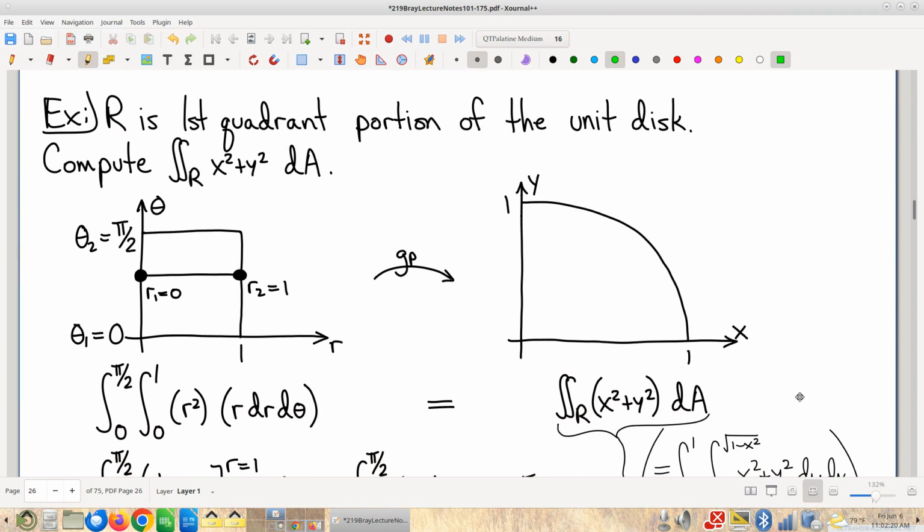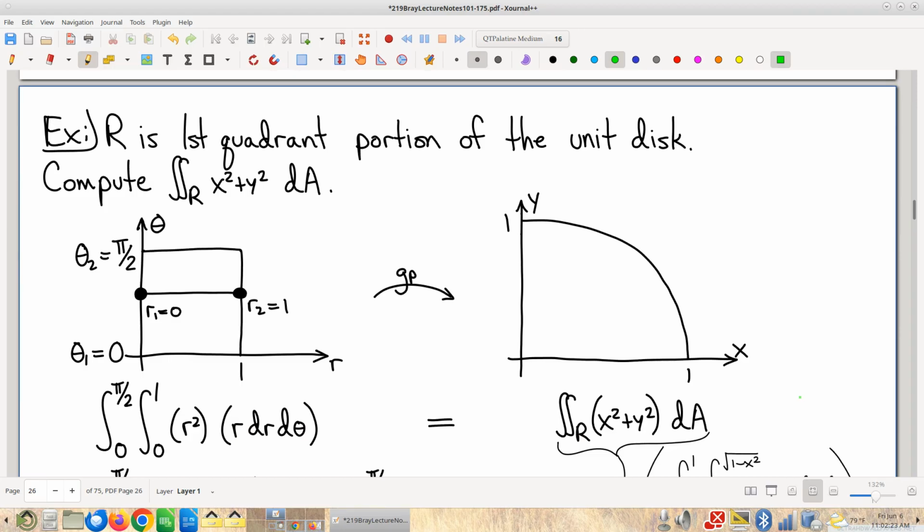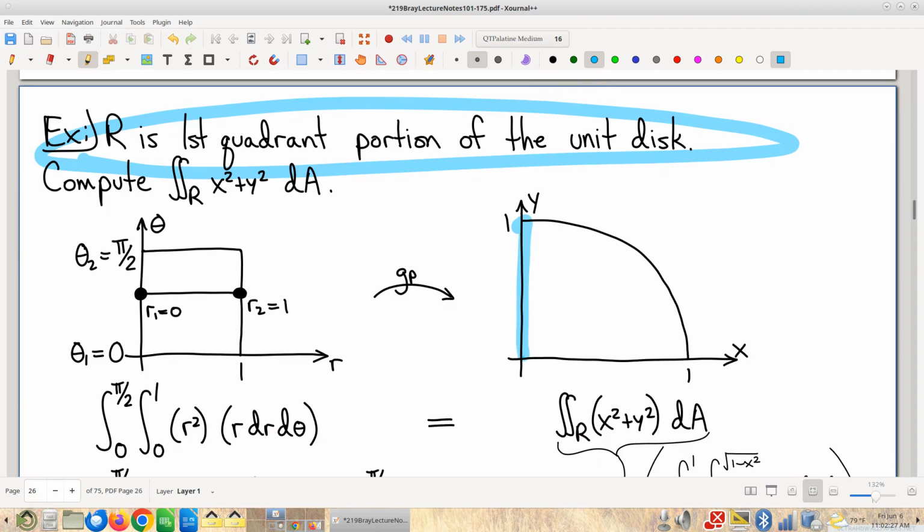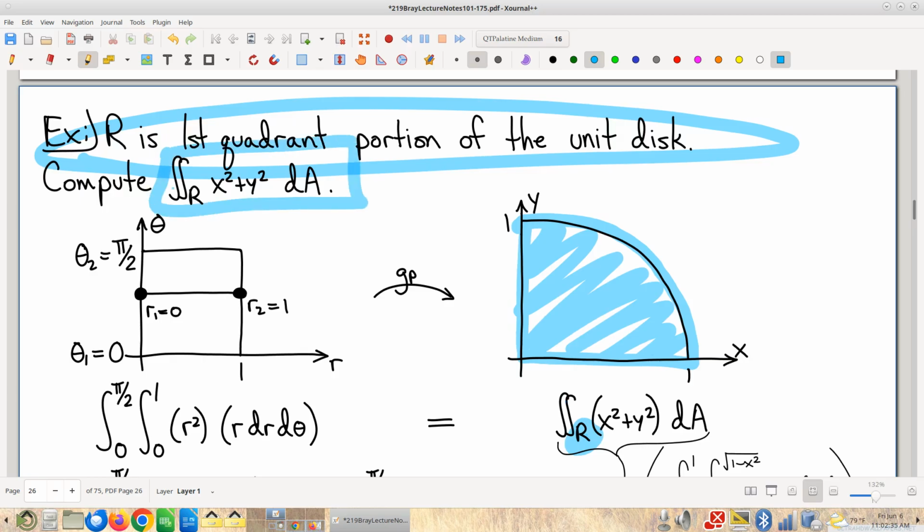So here it is in action. We're going to look at the first quadrant portion of the unit disk. That's this region right here. And over that, we want to compute this integral. We're going to do a pullback, and there's some algebra to be done with the pullback. We'll get to that in a minute.